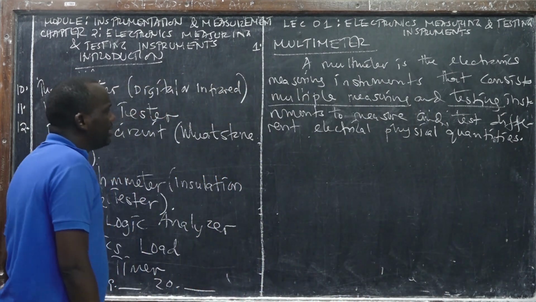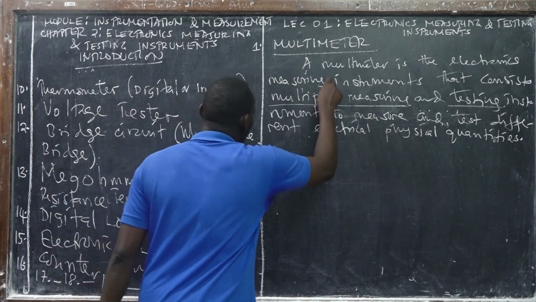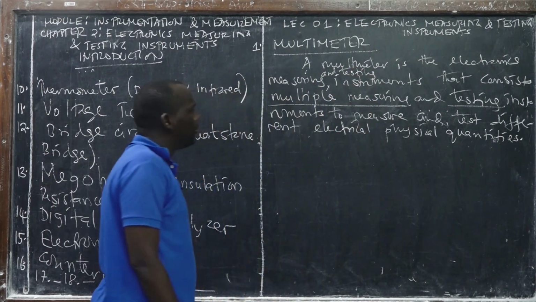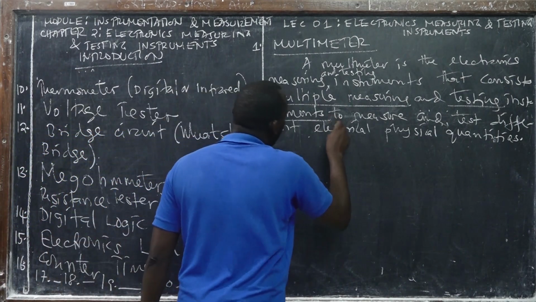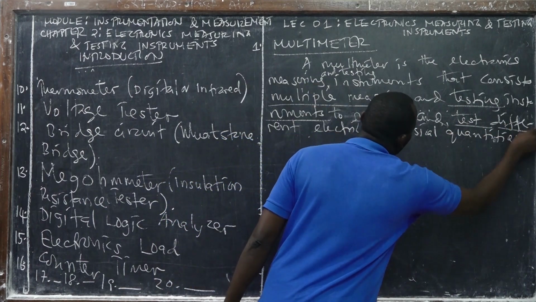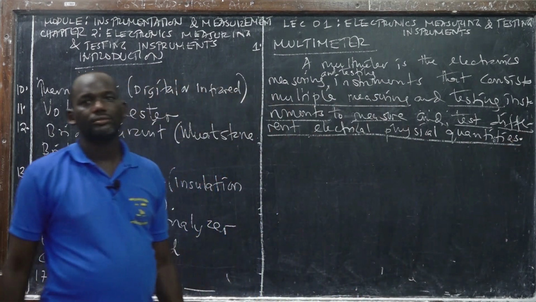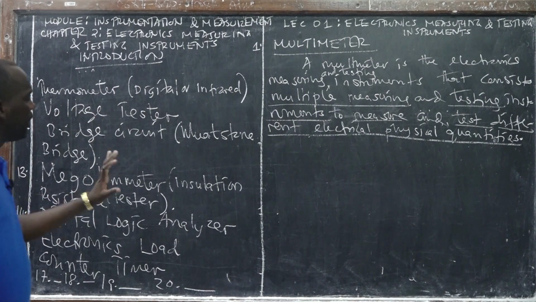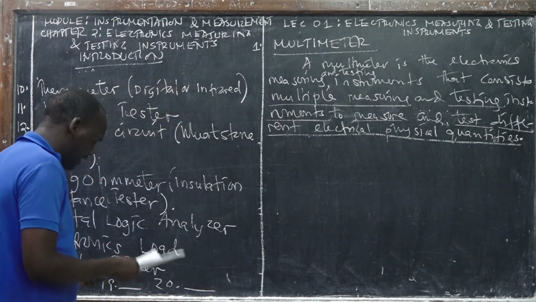We say that a multimeter is an electronic measuring and testing instrument that consists of multiple measuring and testing instruments to measure and to test different electrical, physical quantities. Different multimeters contain different sets of measuring instruments. We have small-size ones, which we call small multimeters, and large multimeters, which consist of a number of instruments.